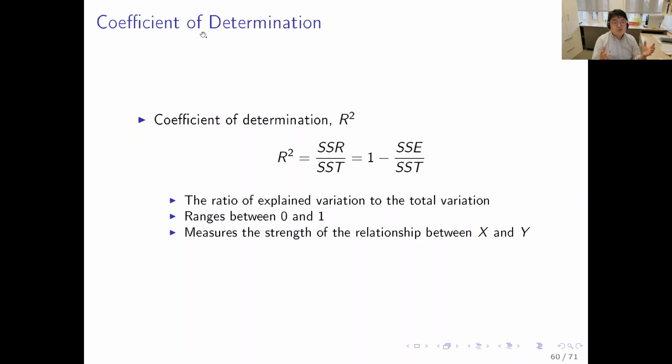How much your regression determines the output. Your regression model explains some part of the output, and how much is that? That is called the coefficient of determination. Out of the total sum of squares, the regression model explains the regression sum of squares, and that is how much you explain.